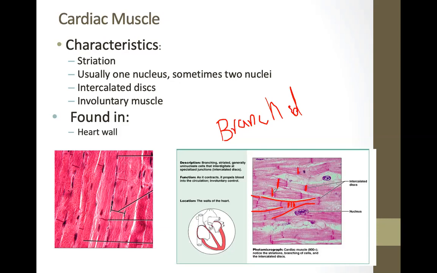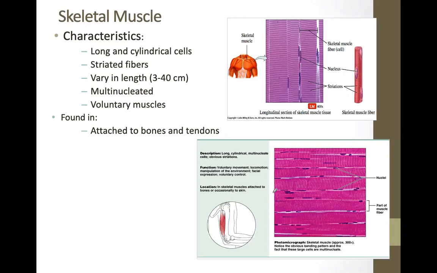Logically, the movement of these muscles is going to be involuntary, right? Because again, I can't tell my heart to slow down or to speed up just because I said so. Somebody asked me, well, what about when I do these relaxation exercises that help me control my heart rate?